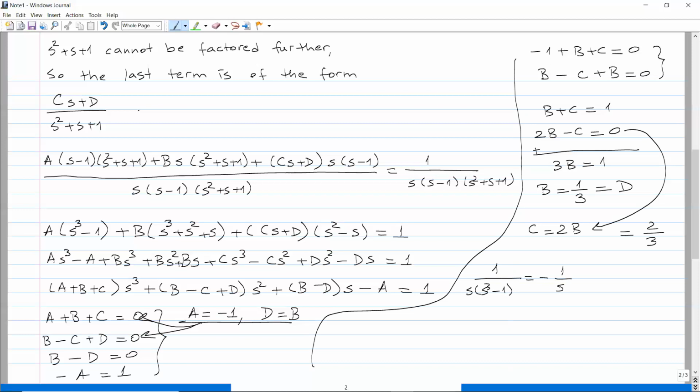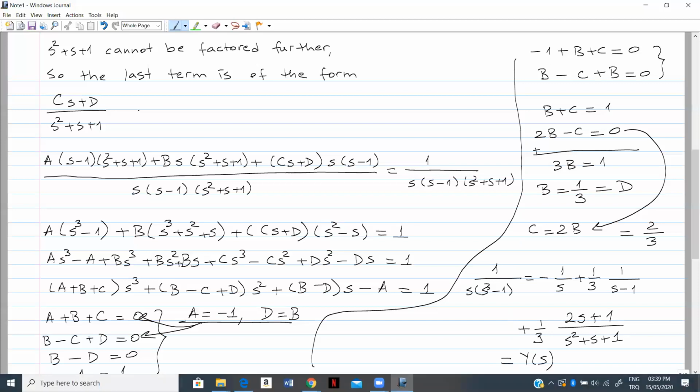B is 1/3, so plus 1/3 times 1 over s minus 1, plus D is 1/3, C is 2/3. So if I take out the 1/3, for C, I have 2, so 2s. For D, we have 1. 2s plus 1 over s squared plus s plus 1. Okay, so this is my function, capital Y of s.